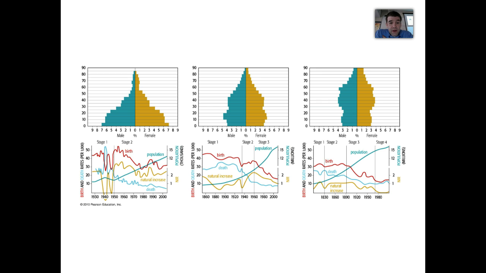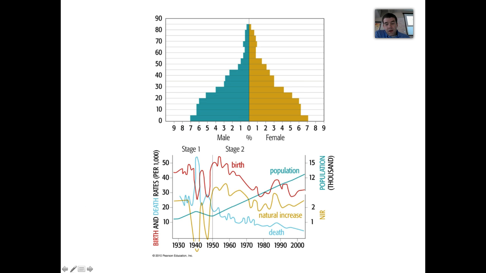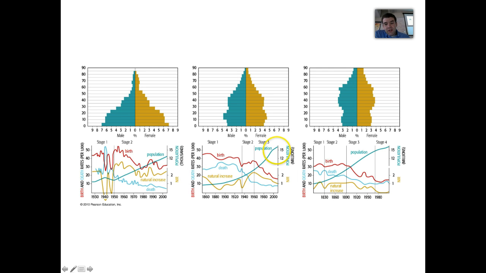As we look at stage 2 of the demographic transition, we start to see lowering birth rates along with those lower death rates, and so population is still growing, but notice on the population in the middle bar, you actually see the population starting to slope, lessening.